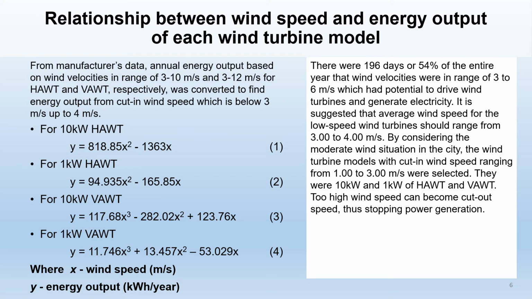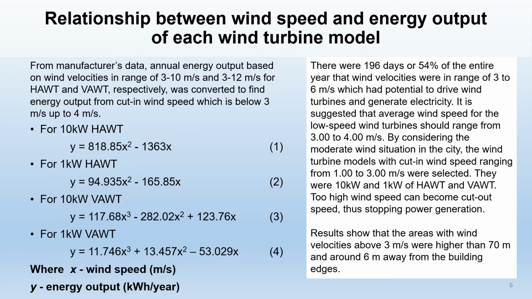There were 196 days, or 54% of the entire year, that wind velocities were in the range of 3 to 6 meters per second. By considering the moderate wind situation in the city, wind turbine models with cut-in wind speed ranging from 1 to 3 meters per second were selected. There were 10 kW and 1 kW models of horizontal axis wind turbine and vertical axis wind turbine.